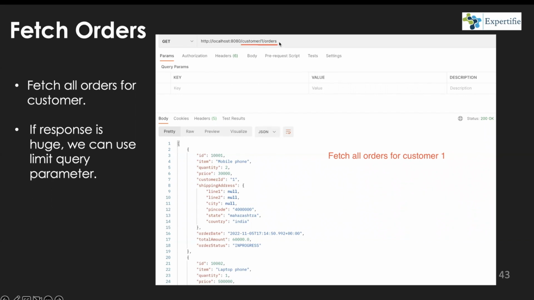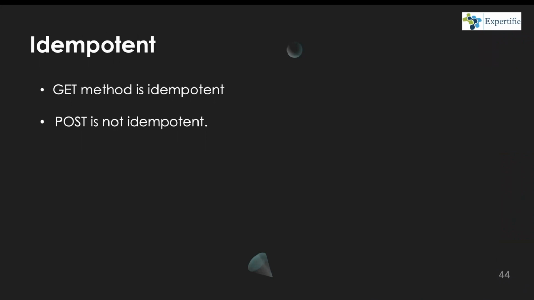This would fetch all the orders of customer one. And obviously, if the response is huge, then we can use pagination and filtering to limit the response size.